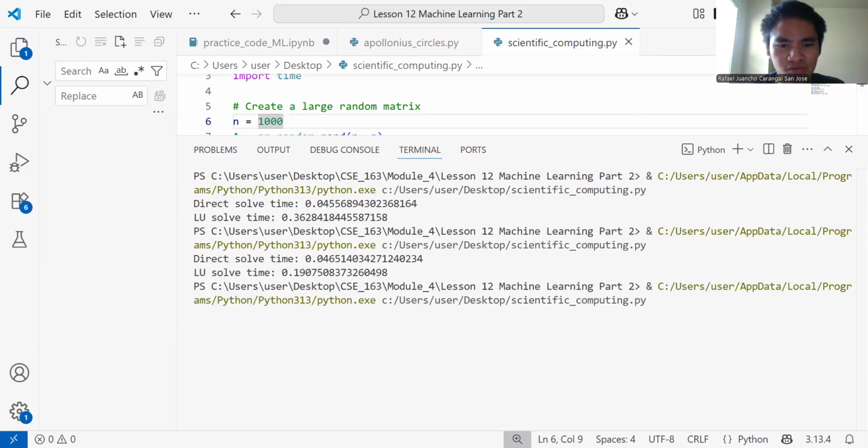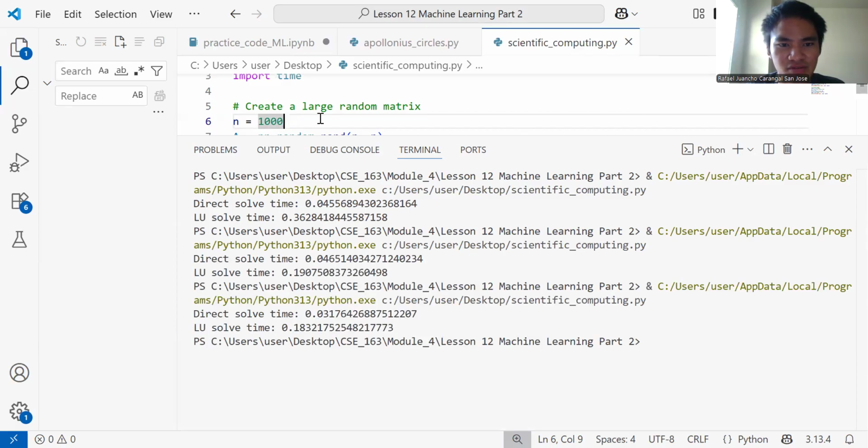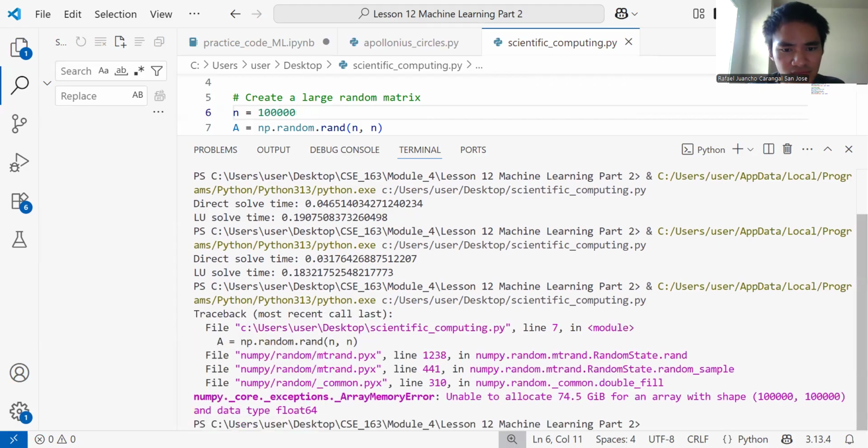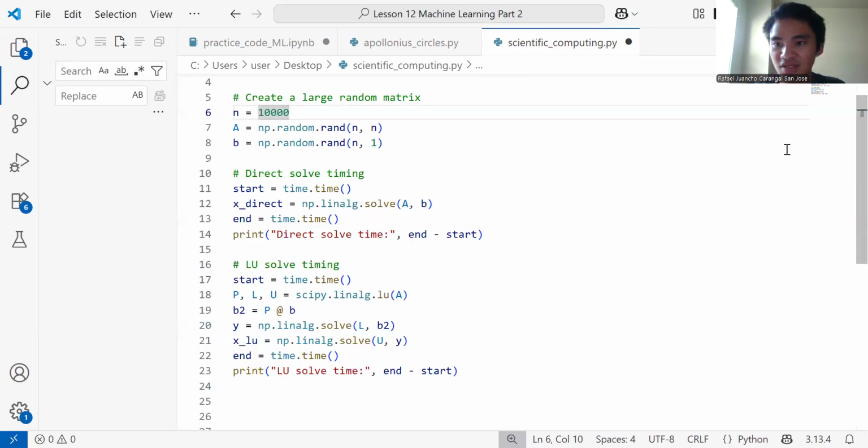Yeah, apparently LU is way slower than the direct one. That's funny. So now I'm just adjusting the size of my matrix.